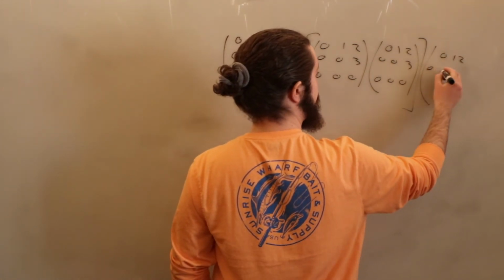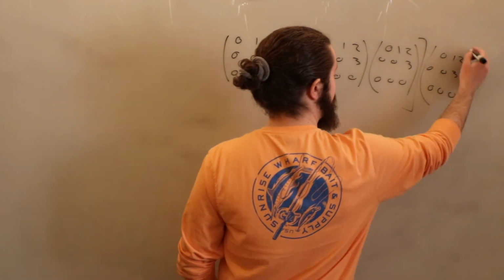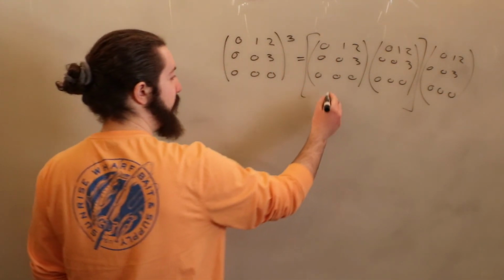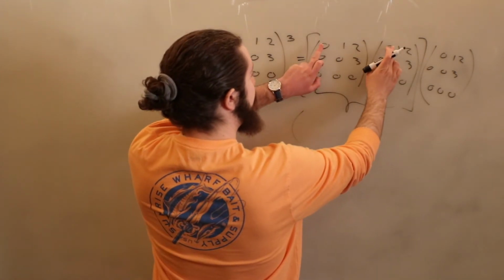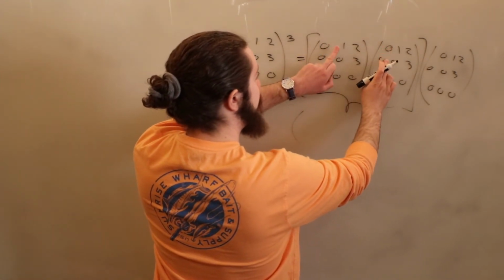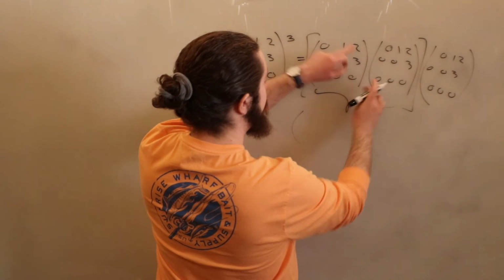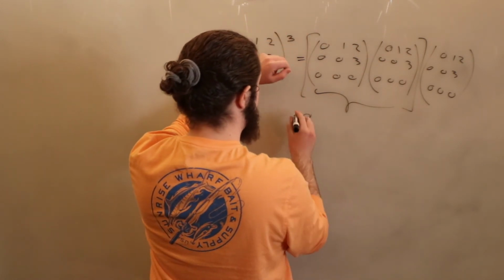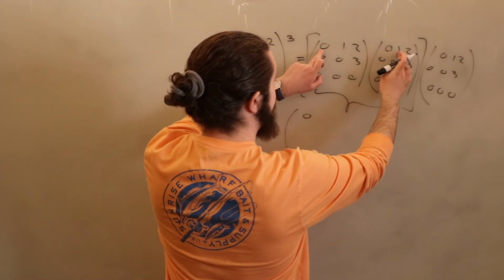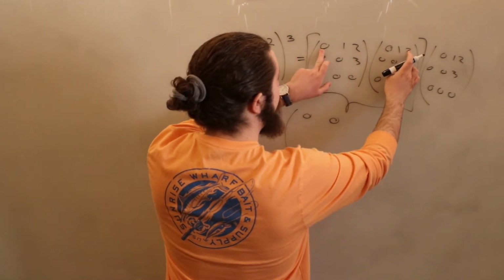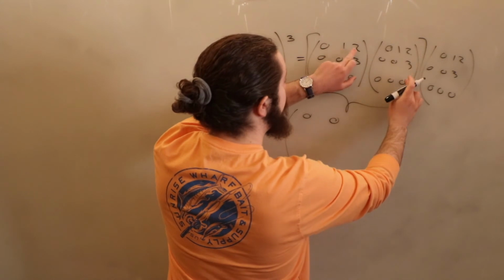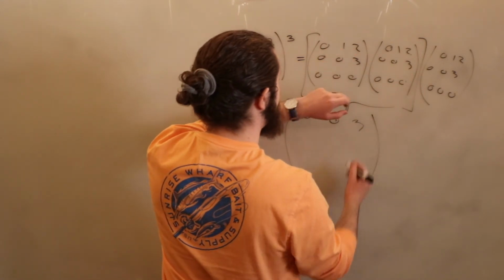Okay, so we'll multiply these two together first to get 0 times 0 plus 0 plus 0 is 0. It's our first entry. Second entry, 0 plus 0 plus 0. 0 plus 3 plus 0, so that's going to be 3.